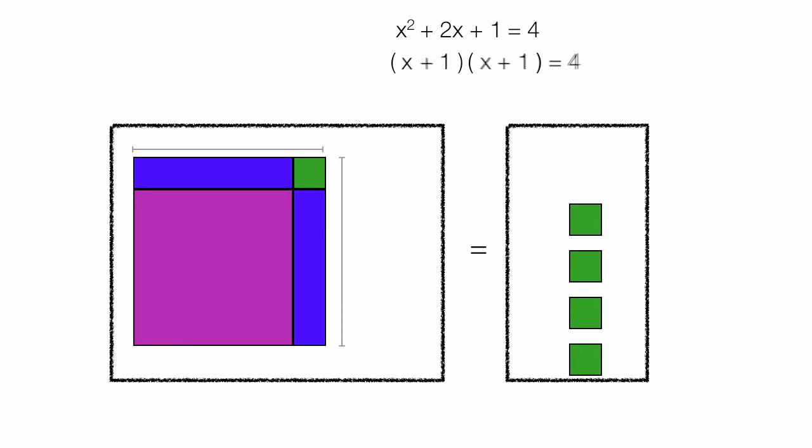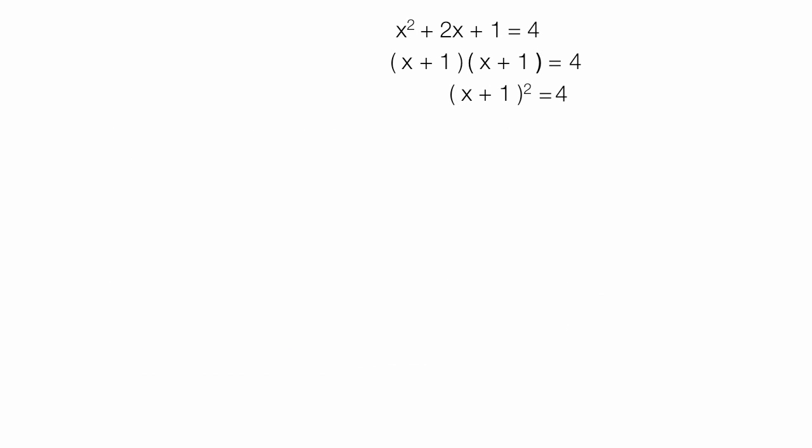Remember, these are to the first power, x plus 1 to the first power, and x plus 1 to the first power. So when I multiply two things, I add the exponents, 1 plus 1, so that equals 2. So I have x plus 1 to the second power is equal to 4. Now I can solve for this equation.